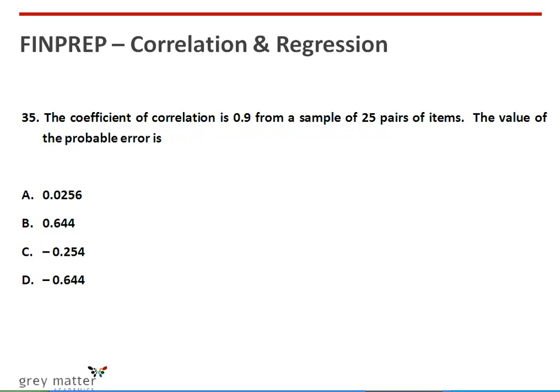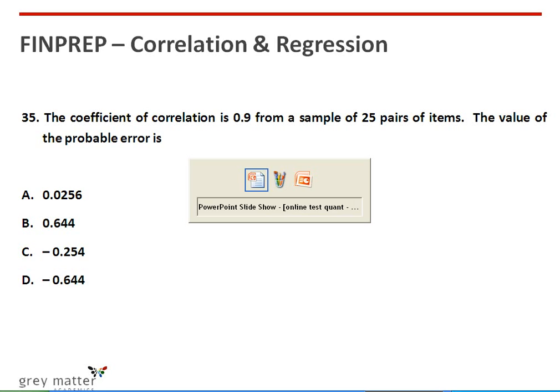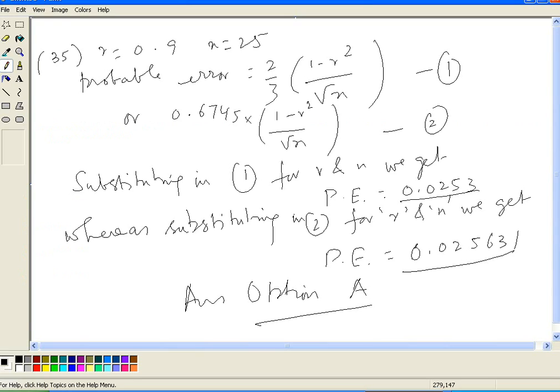35th question. The coefficient of correlation is 0.9 from a sample of 25 pairs of items. The value of the probable error is worked out on the following basis. r is 0.9, n, the number of pairs of observations, is 25.